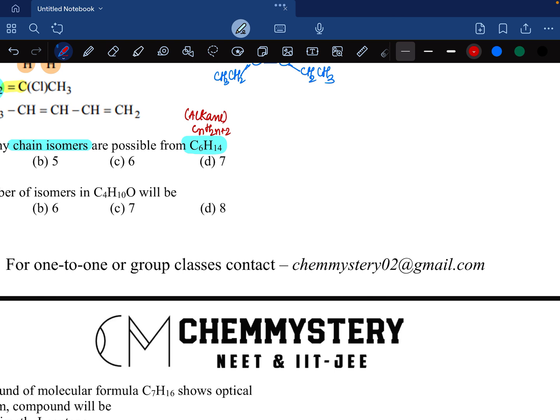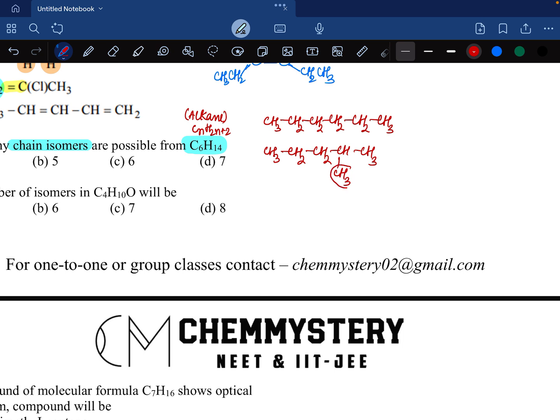So let's make CH3, CH2, CH2, CH2, CH2 and CH3, hexane. Next, if I make 5 carbons in the main chain, CH3, CH2, CH2, CH and CH3, 1 more carbon I'll attach as a branch.